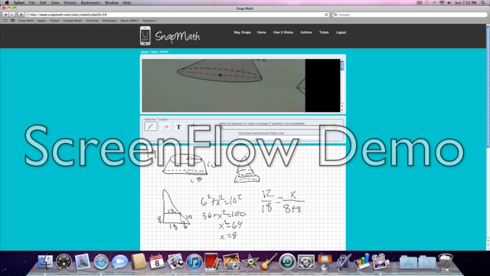Then we do our algebra to solve for x. So 12x plus 8 times 12 is 96 equals 18x. Then we minus 12x from both sides, so 6x equals 96.